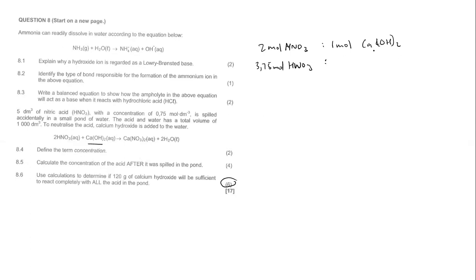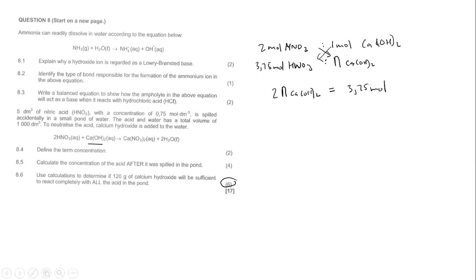But we need the number of moles of calcium hydroxide that is supposed to react with it. We cross multiply from the ratios: 2 multiplied by n is 2n, which equals 1 multiplied by 3.75, which is 3.75 moles.